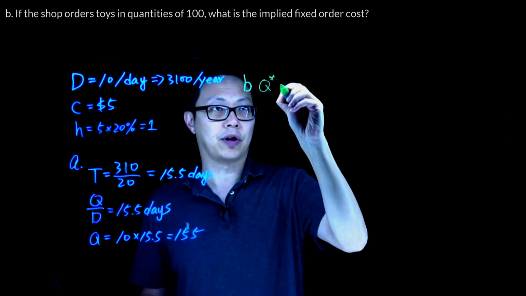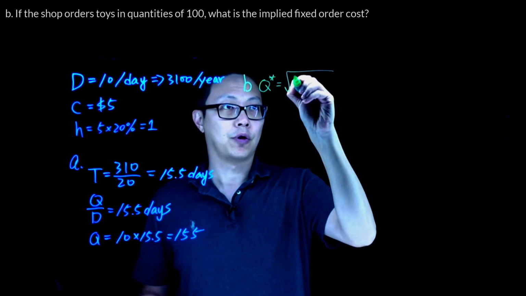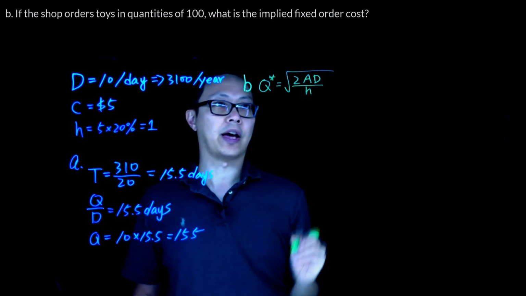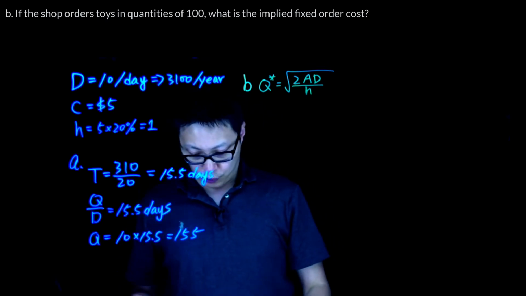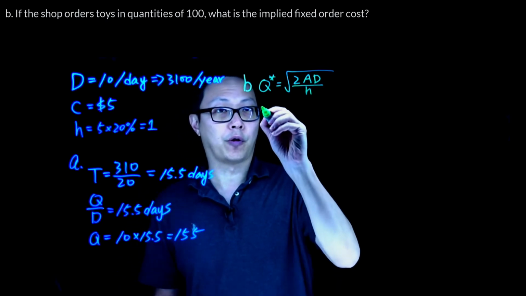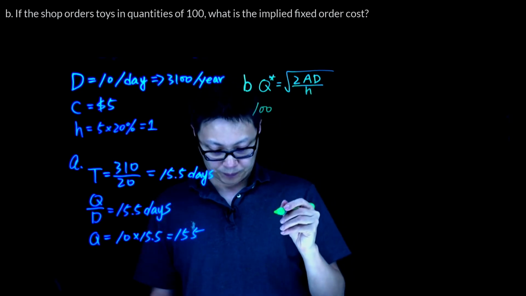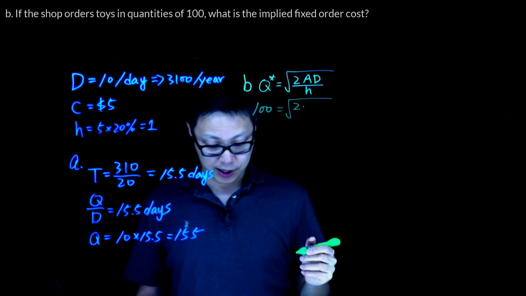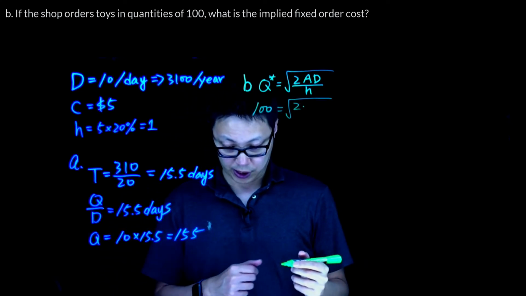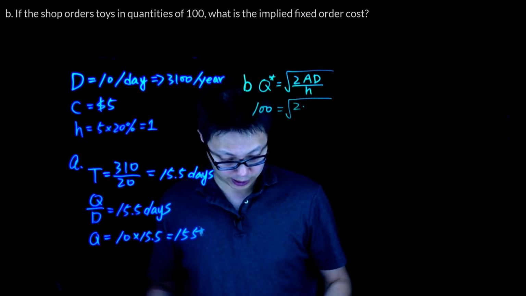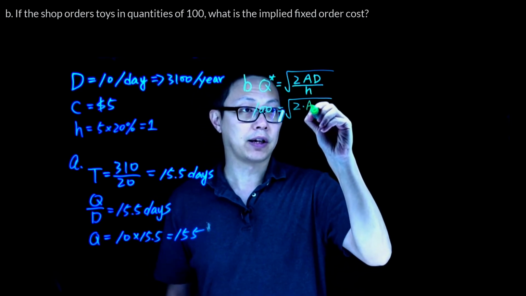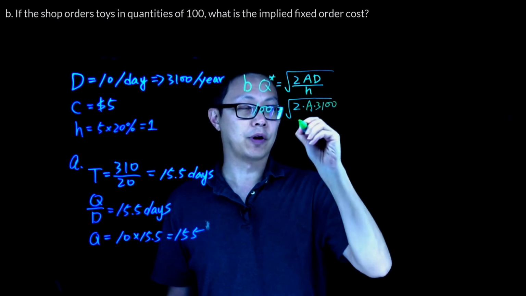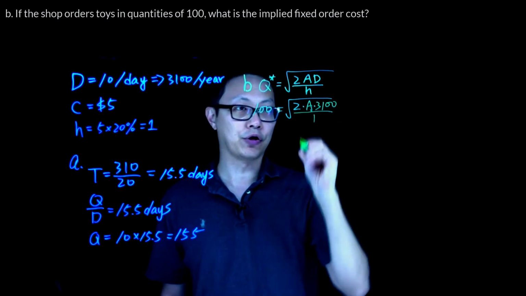We know Q star is equal to the square root of 2AD divided by H. So right now, we know order quantity is equal to 100, and this will be equal to the square root of 2 times AD, where A is what we want to calculate, and D will be 3,100, everything divided by H.